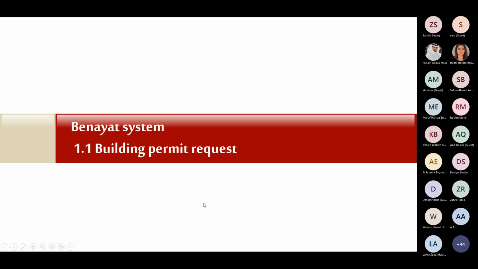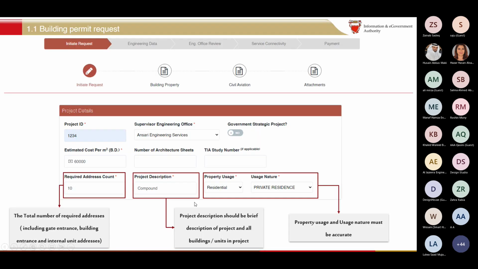Now we will move directly to the BENAYAT system, and we will see exactly the changes that will happen in the new enhancement and the building permit request. Here on the initial page there will be no changes, but we need to highlight that for the address count, you need to enter the total number of addresses required, addressable and non-addressable, including the gate entrance of the building.